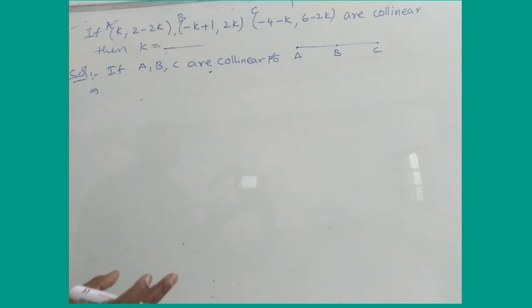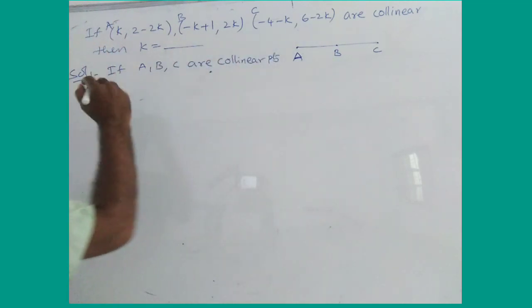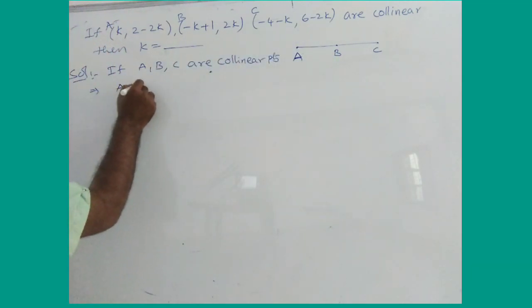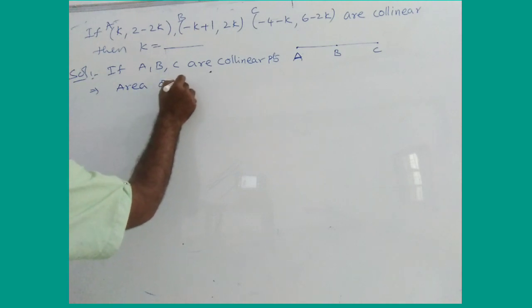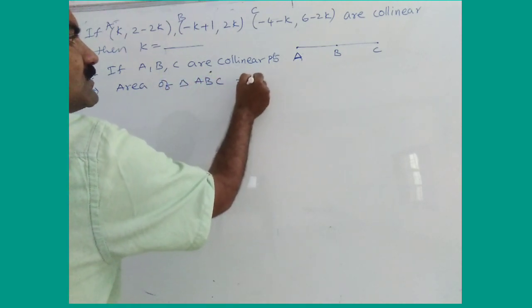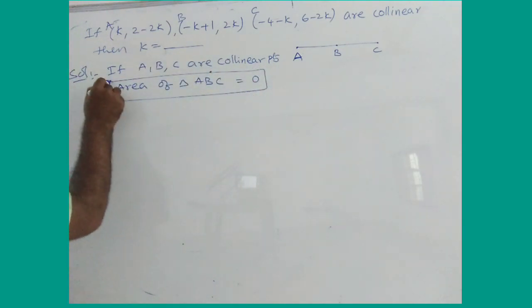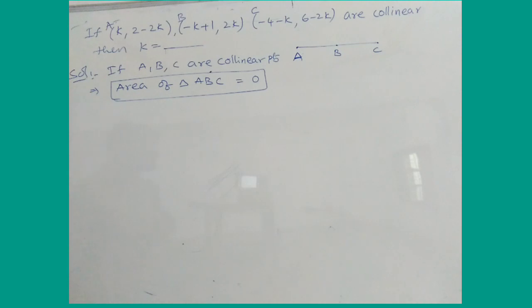No triangle is existing when the 3 points are collinear. Hence I can take it area of triangle ABC is equal to 0. This is a very important concept. So when the points are collinear, we can take that area of a triangle formed by the given 3 vertices is equal to 0.